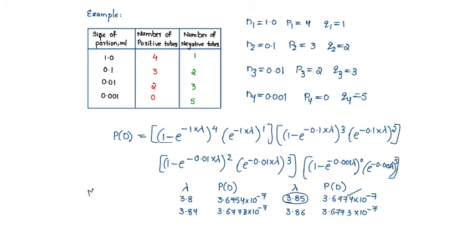So our MPN per 100 ml will be 100 into 3.85, that is equal to 385 numbers per 100 ml.